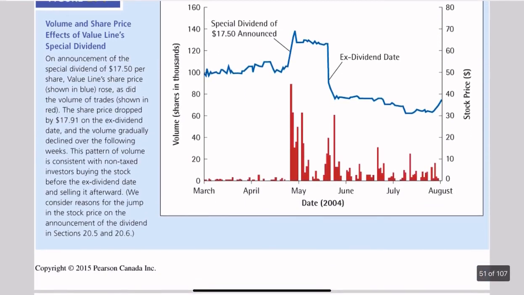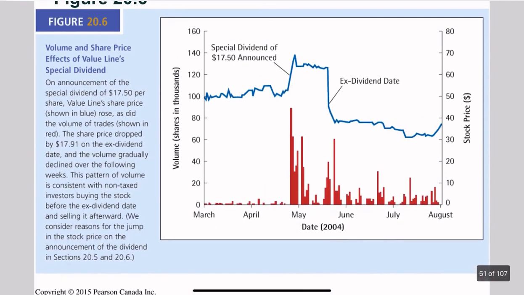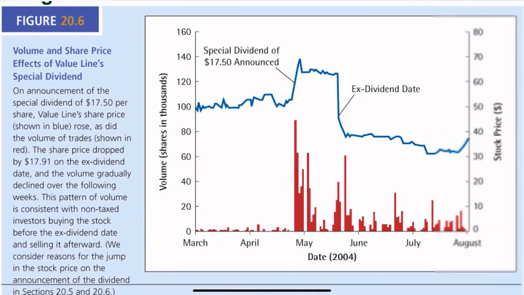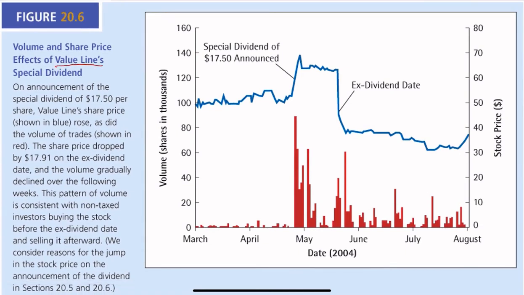And then if you look at data, it's really a case study here. So this is a picture based on a specific firm, Value Line's special dividend. Right? What you can see here is there was a special dividend of $17.50. And you can see that this is a very large dividend.